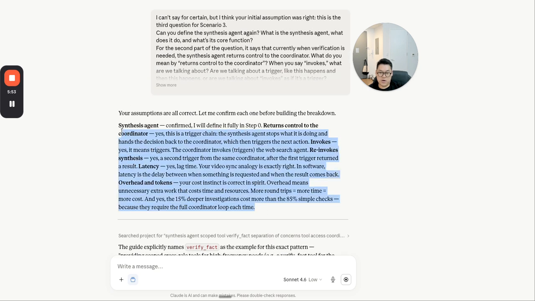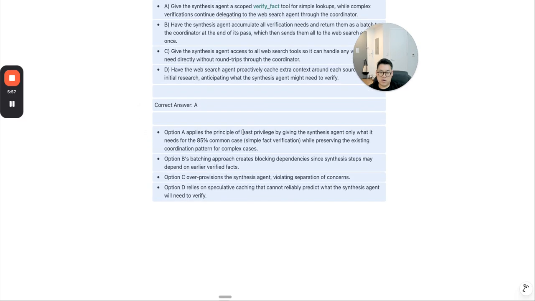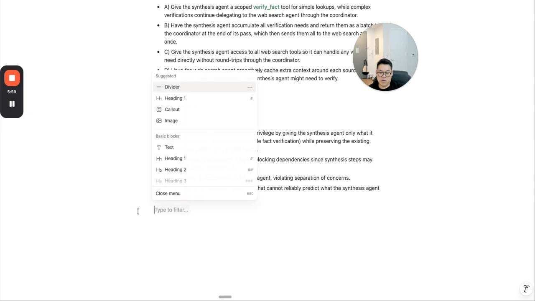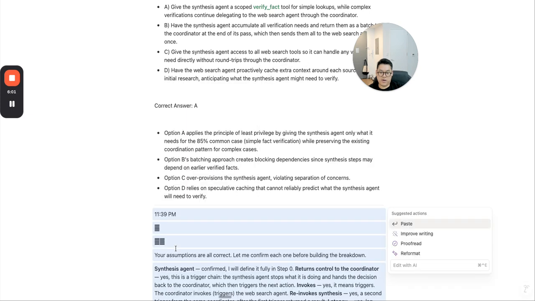So I'm going to take all of this right now. Add a little divider right here.